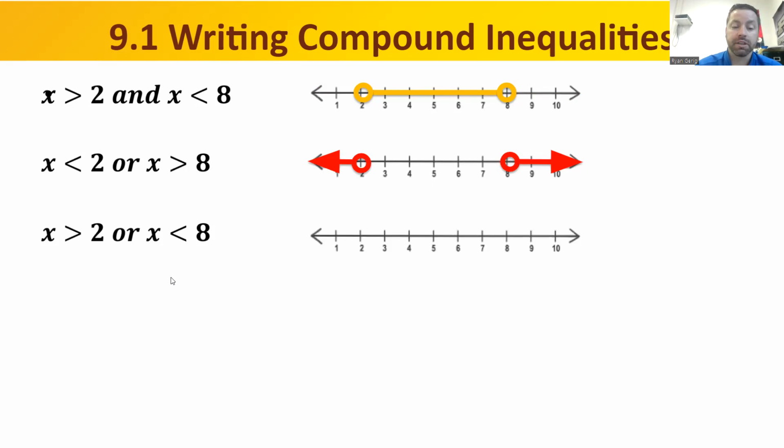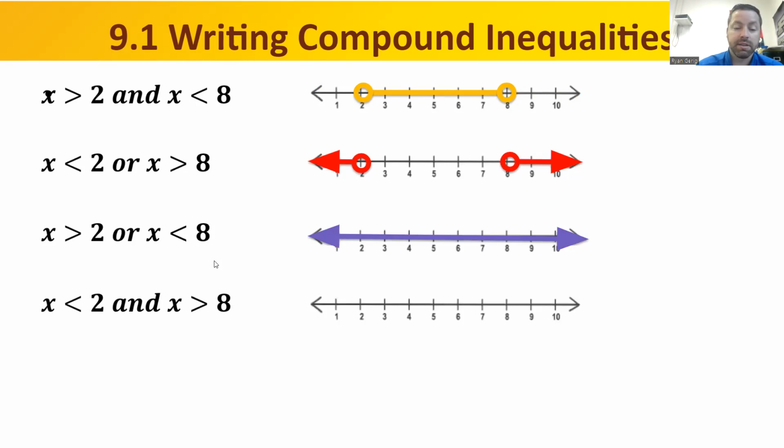Another situation, x is greater than 2 or x is less than 8. x is greater than 2, shown there. x is less than 8 is there. Well, if it's an or, I could actually pick any number and it would work in this situation. So we'd say all the numbers on the number line are solutions here because of the word or.